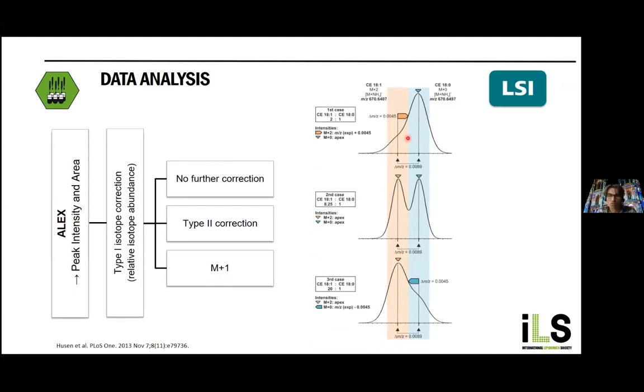And he did that for several cases. I do not want to go into details. We call it a kind of peak constellation: case 1, case 2, and case 3, depending on the apex of the two isobaric peaks.